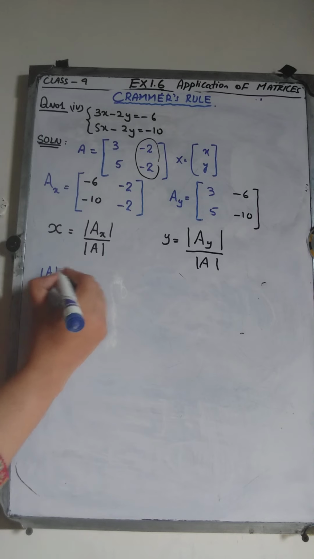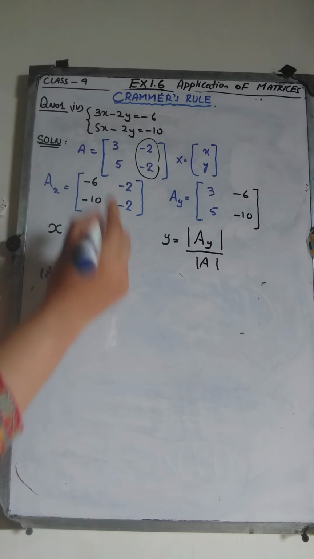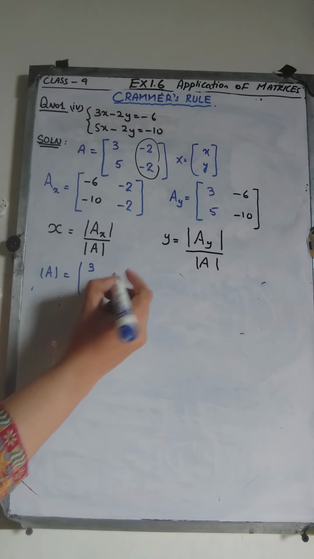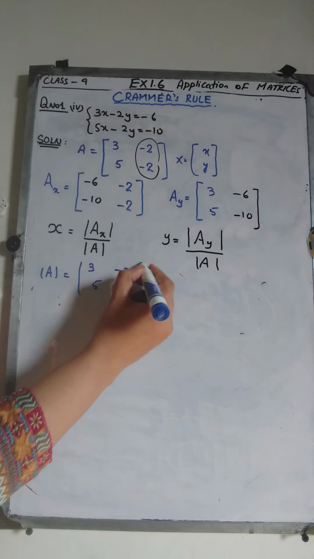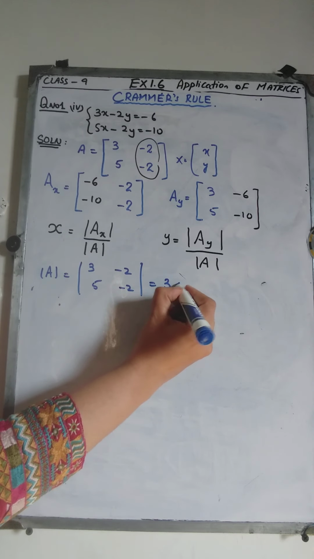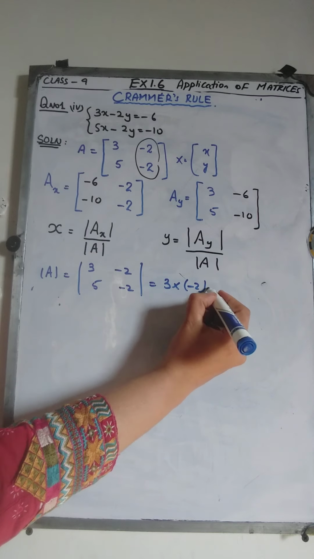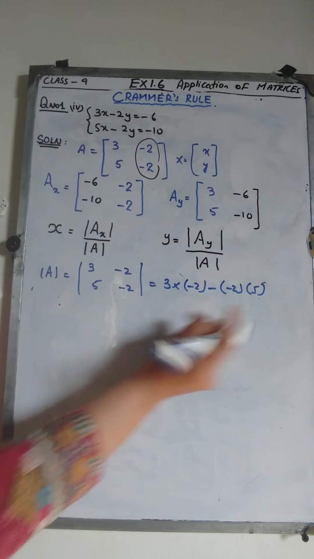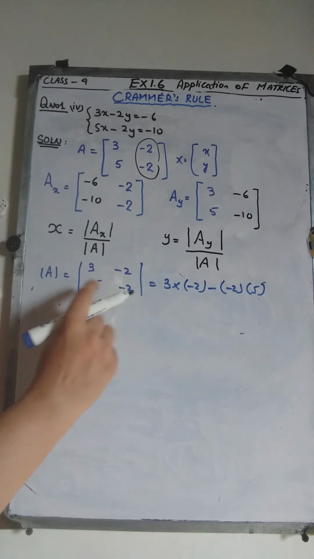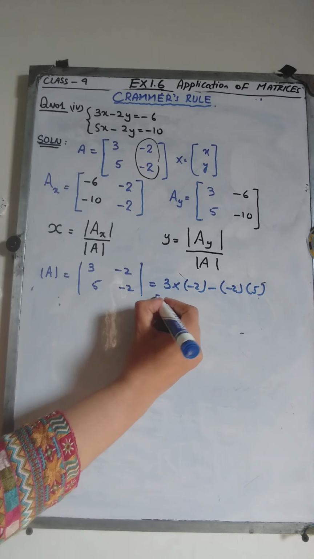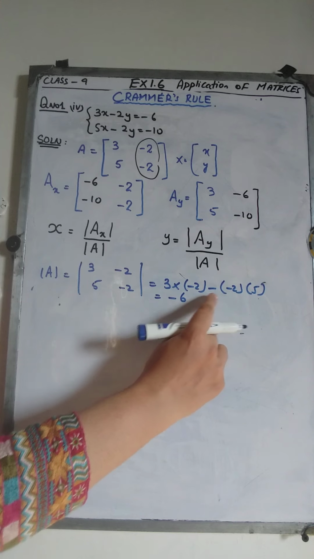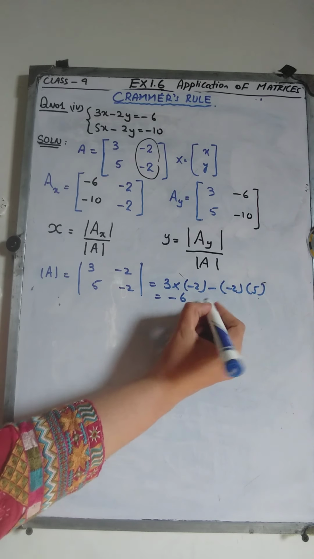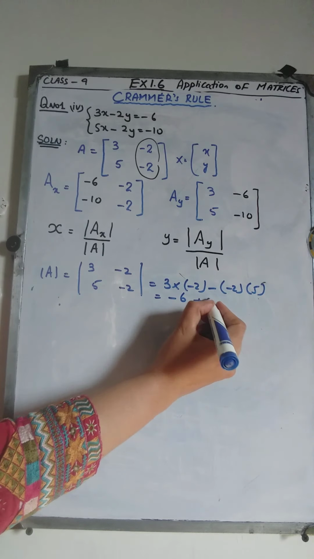Determinant of A is equal to the determinant of the matrix of coefficients 3, 5, -2 and -2, which is 3 into -2 minus -2 into 5. This will be -6, and the negatives multiply to give a positive number, 2 into 5 is 10.